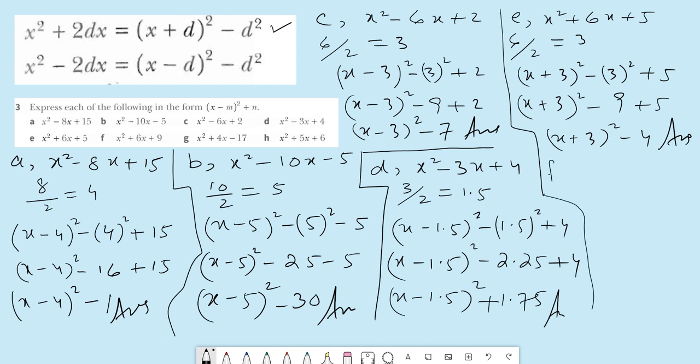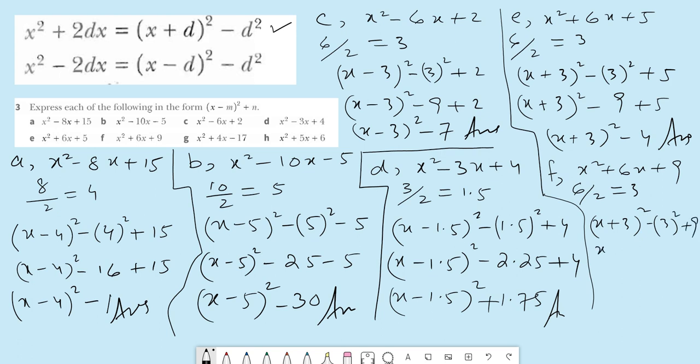What is part F? x square plus 6x plus 9. What is the coefficient of x over here? 6. So 6 upon 2 is 3. Then x plus 3 whole square minus 3 square plus 9.